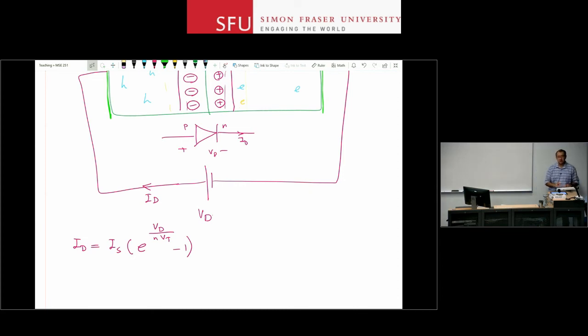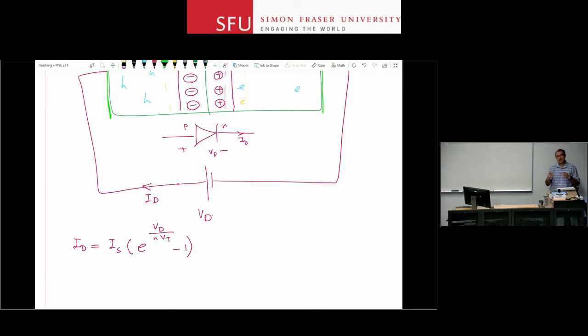VD and ID are now exponentially proportional to each other. How? If VD is positive, you can see that this term is going to grow exponentially. Very quickly, it just becomes much, much larger than 1, and ID and VD will have an exponential relationship.